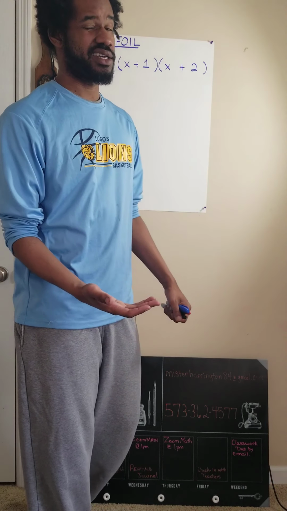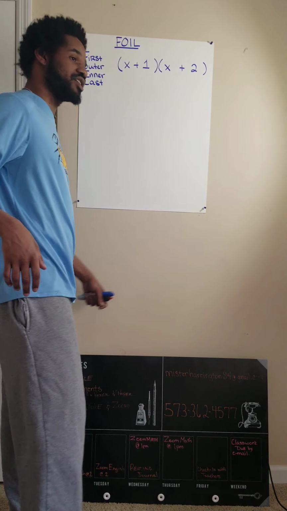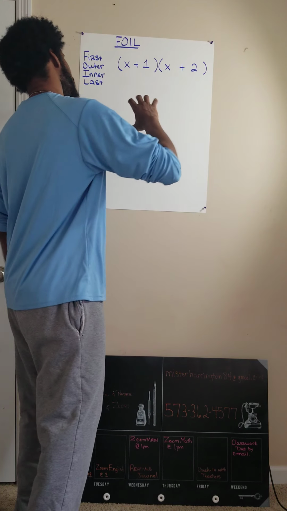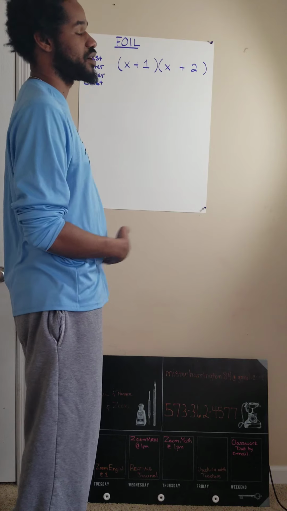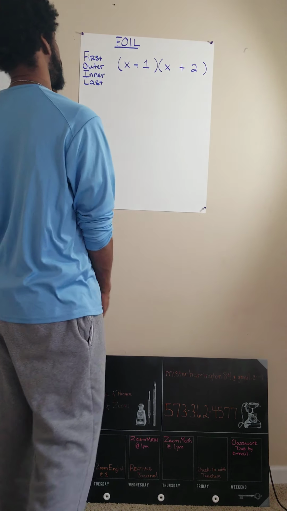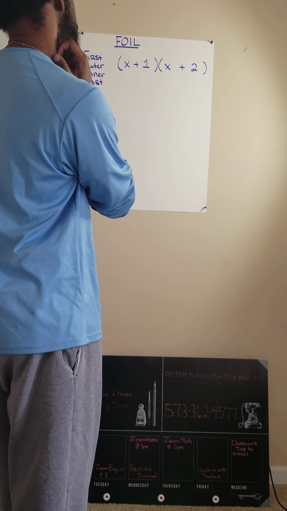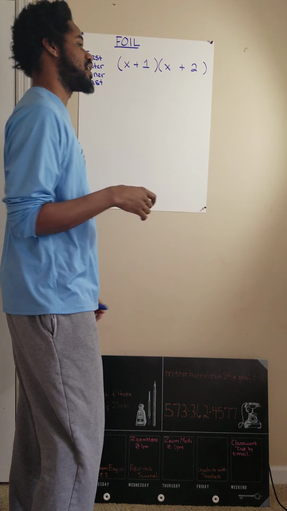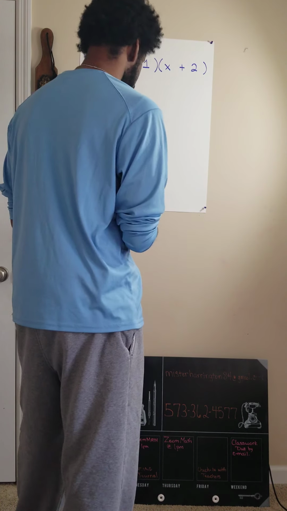It's that same idea here, but we want to try to follow this first, outer, inner, last thing. And remember, our shortcut for it, if we can remember it, we can do that too. I'm going to show you with positives, and then hopefully I can show you one with one positive, one negative, and then next week we will do the next two steps of that. Okay, so let's get started.